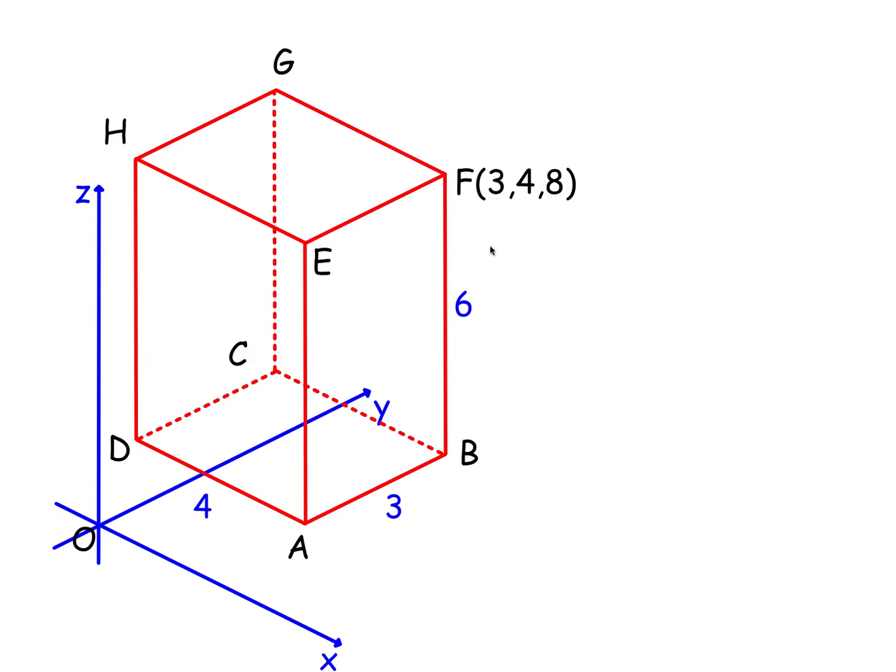So for example, if we wanted B, it's 6 units below F, it's 6 less on the z coordinate. So B would be the same x and y coordinate, but the z coordinate's 6 lower. So that's why it's 3, 4, 2 instead of 3, 4, 8. The z coordinate is 6 less because of this 6.